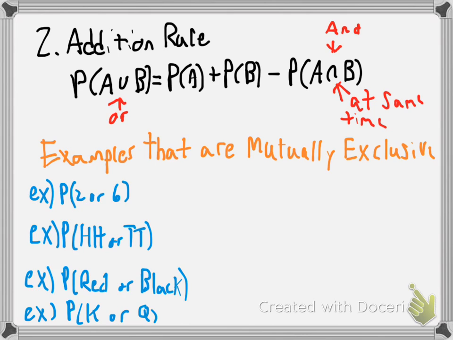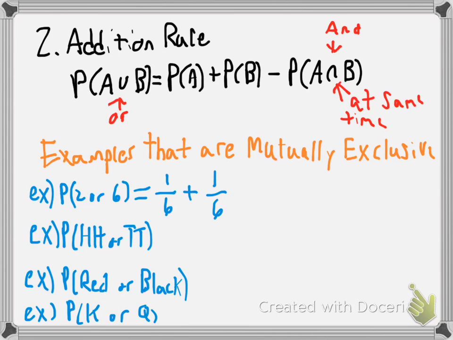Okay, so let me start off with some examples that are mutually exclusive, and I'll explain mutually exclusive at the end. So the first example is if we roll a die, what's the probability that we roll a 2 or a 6? Well, what's the probability that you roll a 2? It's 1 out of 6. So that's the first event, the probability of A. And then the probability that you roll a 6 is 1 out of 6 as well.